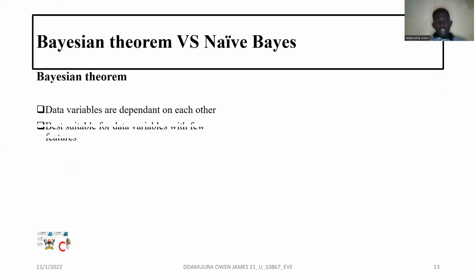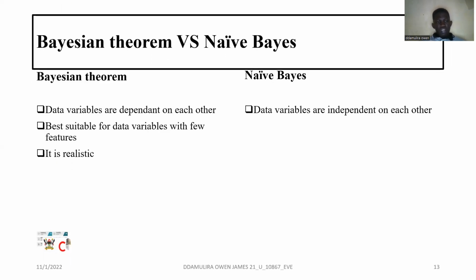Then I come to the differences. As I told you, in Bayes' theorem the data variables depend on each other, while in naive they are independent. Bayes is suitable for data variables with few features, but naive, as I told you, is suitable for data variables with many features. So the application is different, because in Bayes' theorem all data variables are dependent on each other.